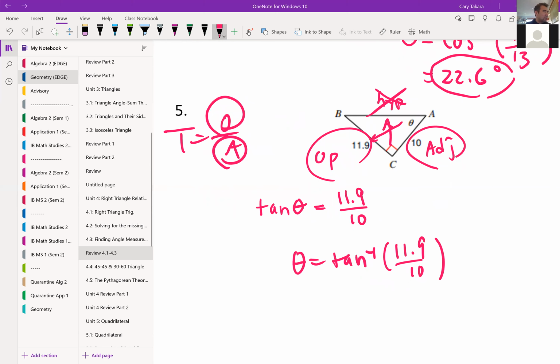Again, everybody, send me a direct message. What's the answer? What did you guys get? I want to see more. Only 2 people answered it. Very good.